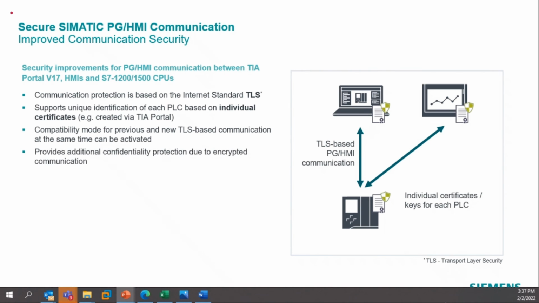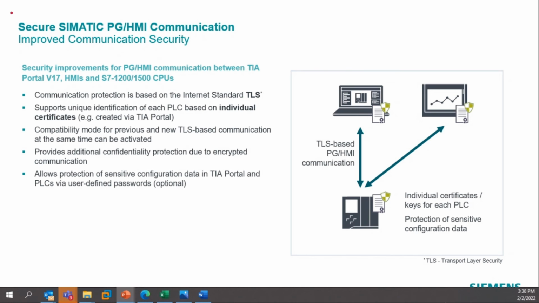The encrypted communication provides additional protection against unauthorized access to the devices. It also protects against data manipulation and ensures data integrity. Additionally, the configuration can be protected by a user-defined password. This protection is optional.